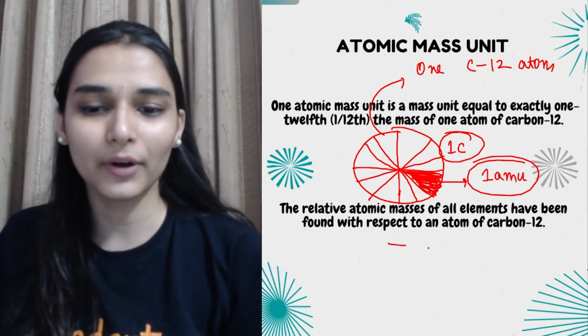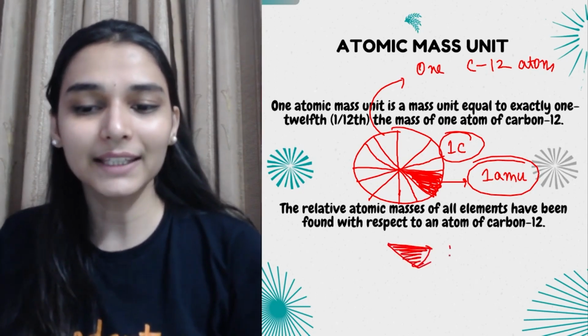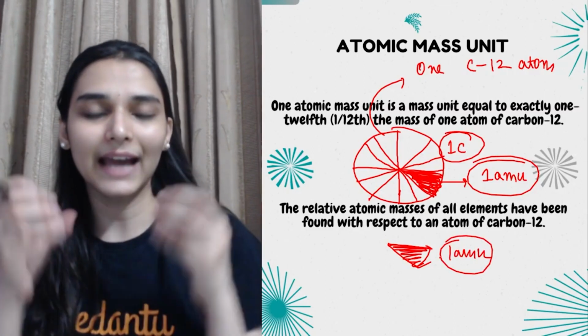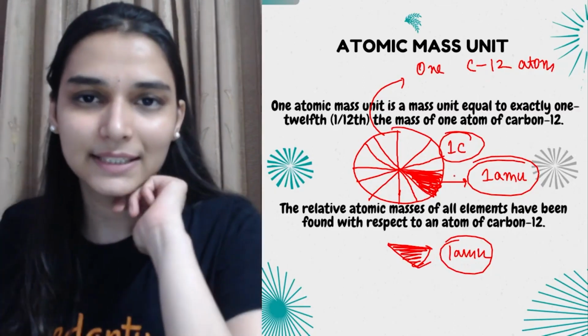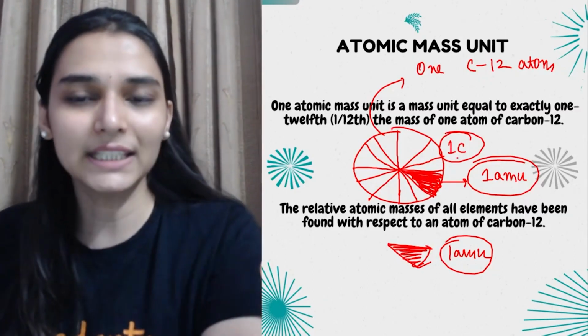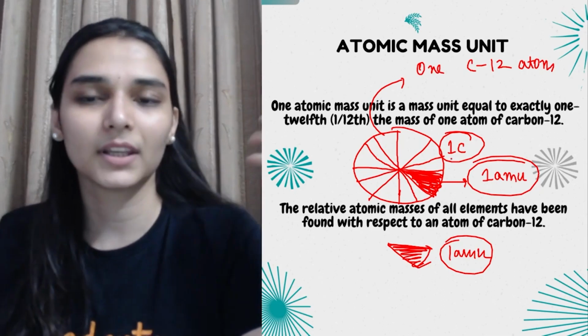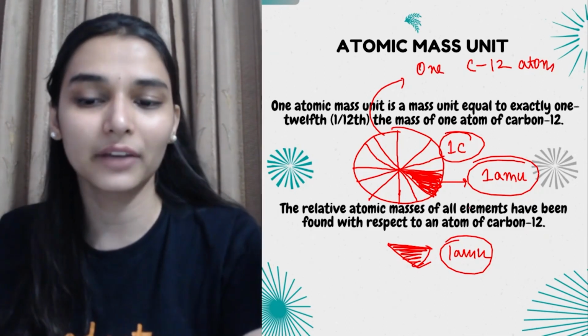Okay, so I'll just draw it separately here, and now taking this 1 AMU as a standard, I have calculated the relative masses of all the other elements. What was the reason for choosing it? You know, it's moderately reactive, easily available, and abundant in nature.